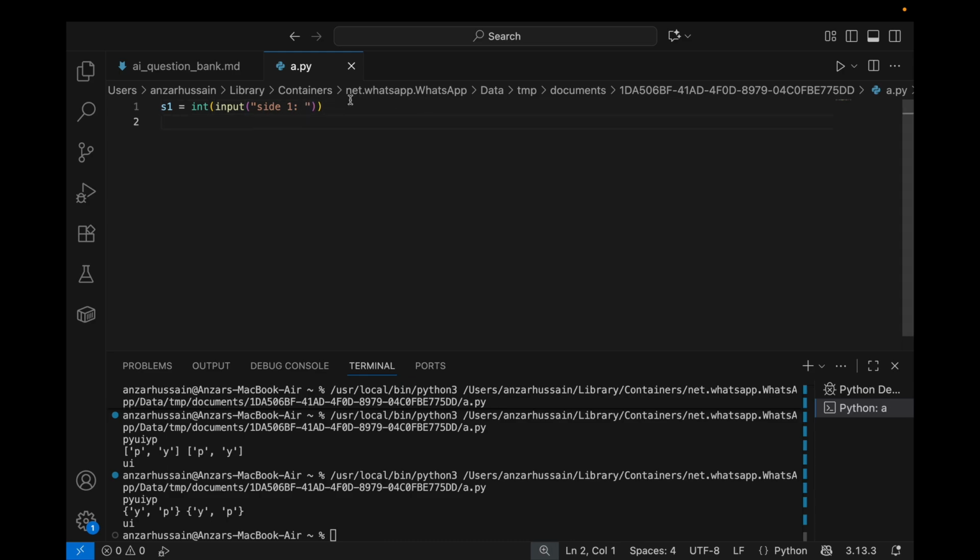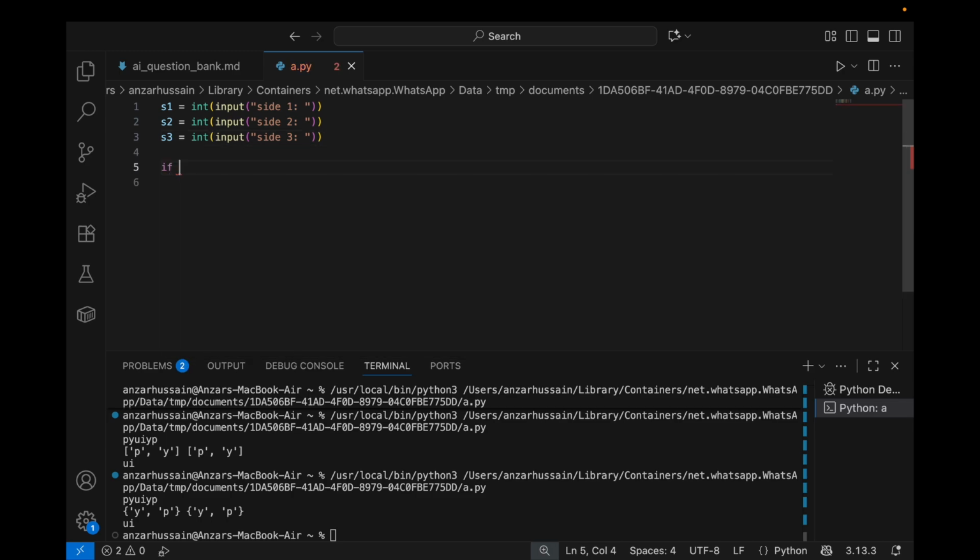Then S2 is also like that, so I will copy and paste, Control C and Control V, and here I will say side 2, and here I will say side 3. So I will change the values here as well, side 2 and side 3, right? I got the three sides.